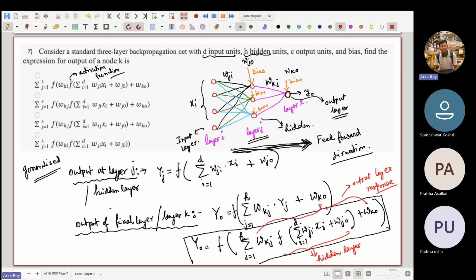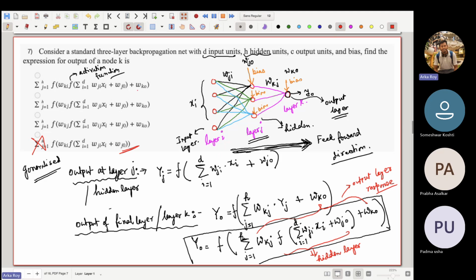So now let us try to match with the solutions. Over here, they have not considered bias, so this option is incorrect. We have considered that layer K is the output layer, layer J is the hidden layer, and i is the input layer.